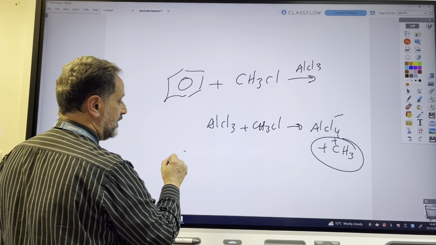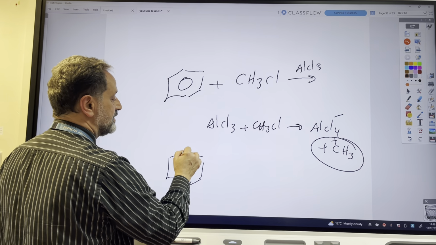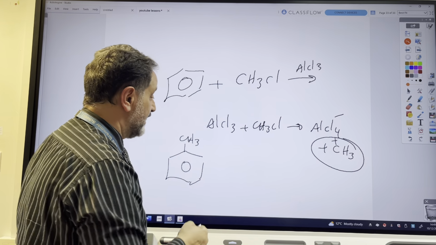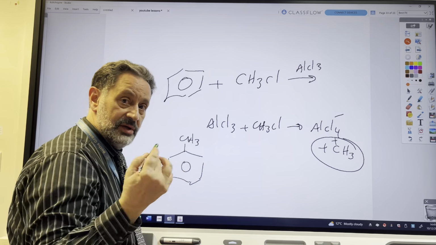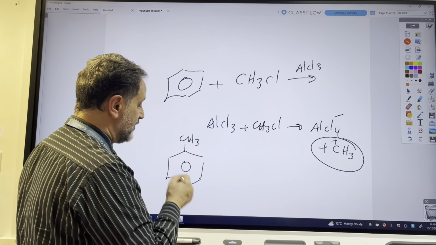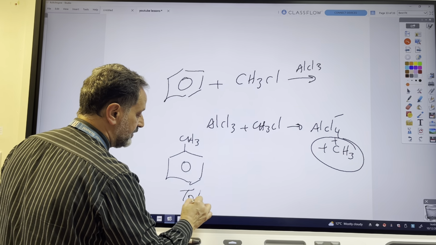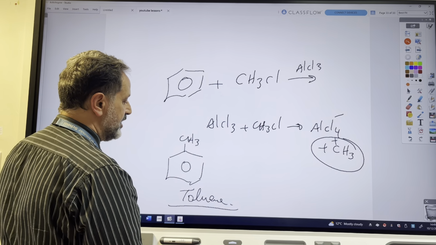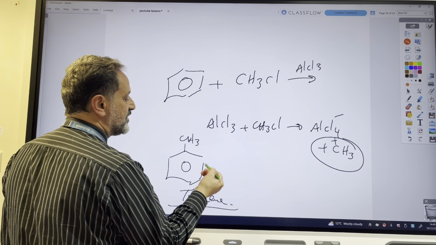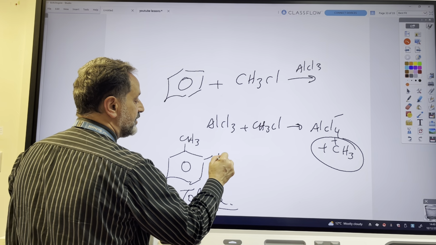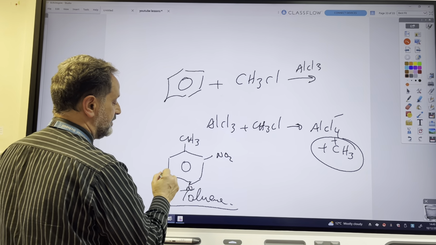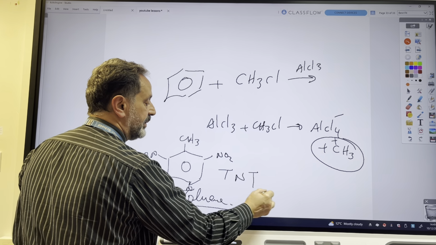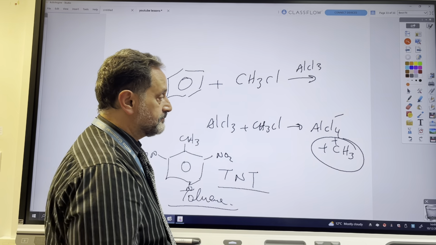So you end up making methylbenzene. When I was doing chemistry at degree level, this thing used to be called toluene. Now, it's got a generic name, toluene. So if you nitrate it 3 times with nitric acid, you get nitro there, nitro here, and nitro there: trinitrotoluene, TNT.